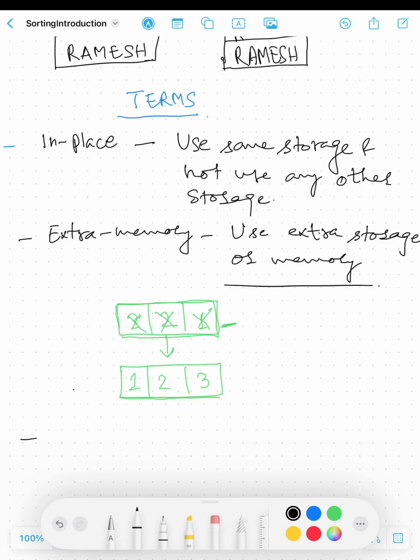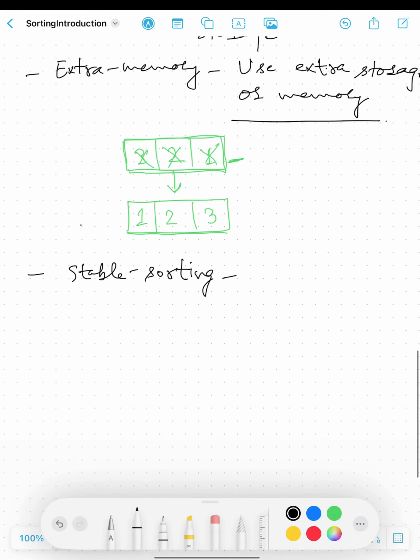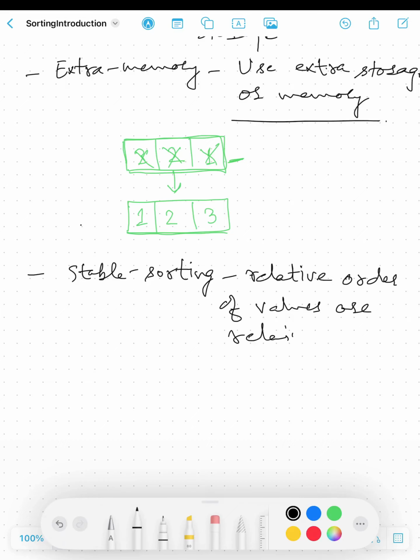Then the third one is stable sorting. This means that the relative order of same values is going to remain the same after the sorting is complete. Relative order of values is retained.